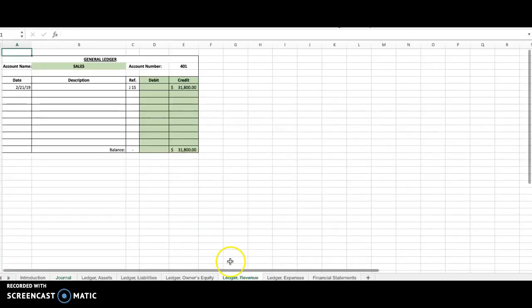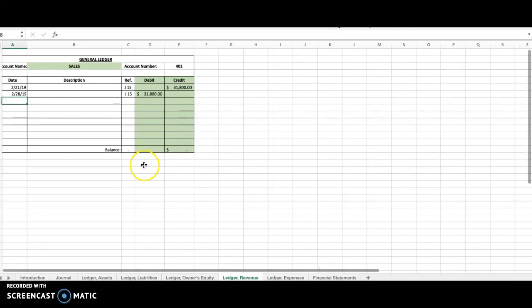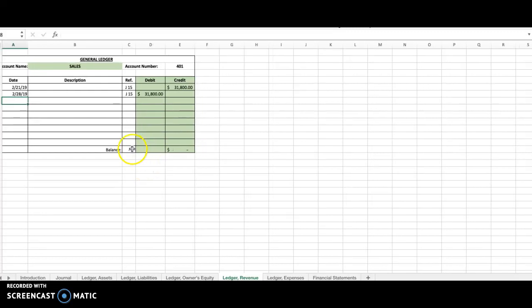So we have a balance in sales of $31,800, and to post this, we will debit $31,800. And that's what we did in the journal just a second ago, as you saw. So what that does is make the ending balance in sales 0.